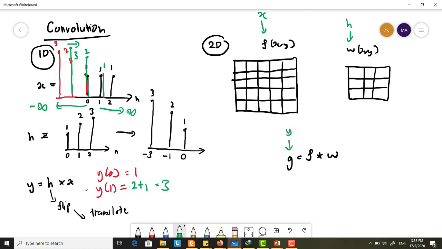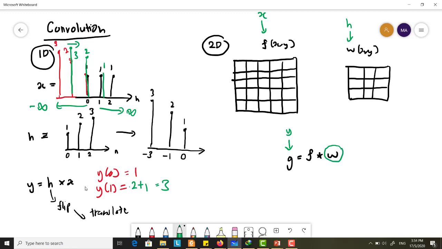Okay, so actually this process is similar, meaning that when you apply two-dimensional convolution, you need to flip and shift this one, or you need to flip and shift that one. But normally we will flip and shift the filter.